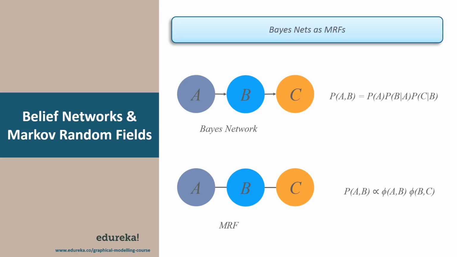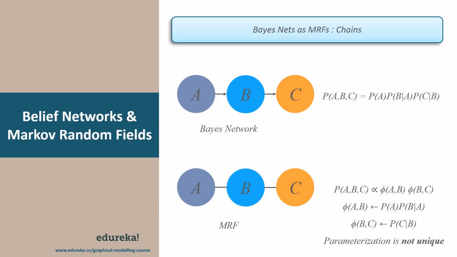If you think about it, you'll know that you can. One way to do it is to set the potential function between A and B as the joint probability between A and B, and then the potential function between B and C to the conditional probability of C given B. It's important to notice that the parameterization is not unique here. But bottom line, chains are easy to convert as well.